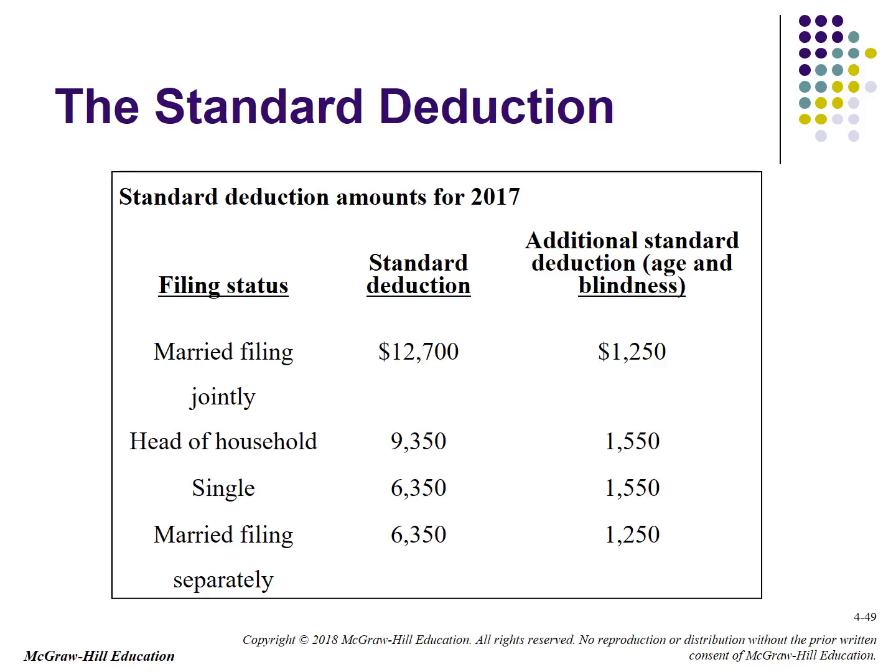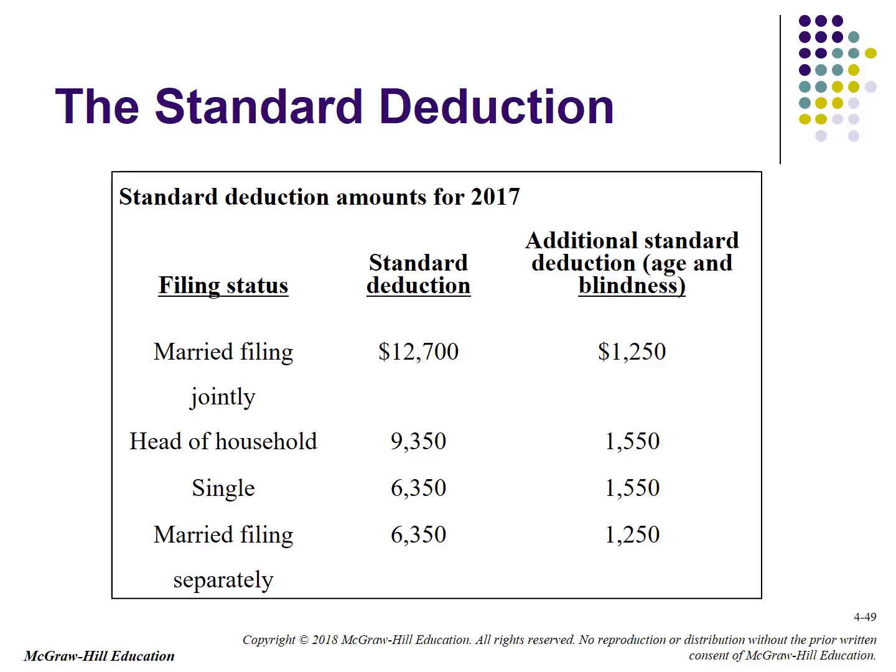Next to that, it says additional standard deduction. Yes, you are allowed an additional standard deduction if you are at least 65 or over as of the last day of the tax year. So 65 or over, add $1,250 if you're married filing joint.